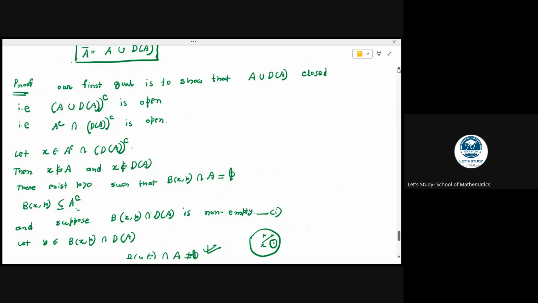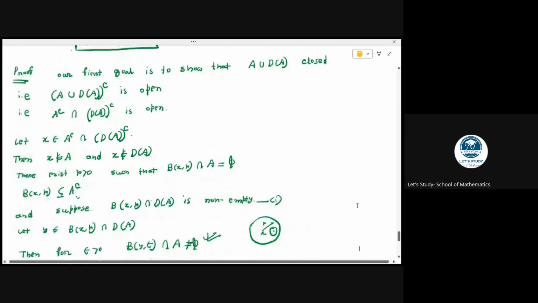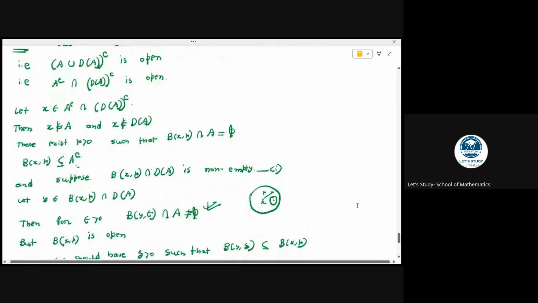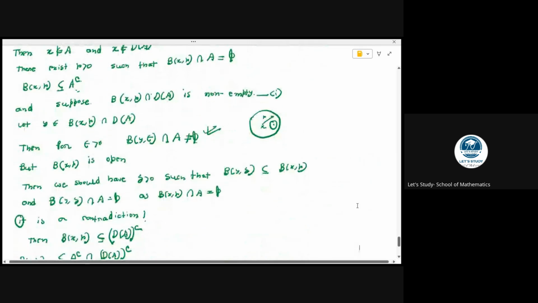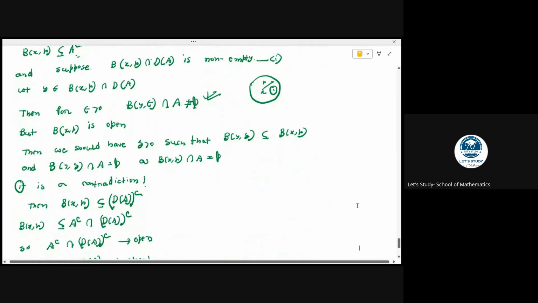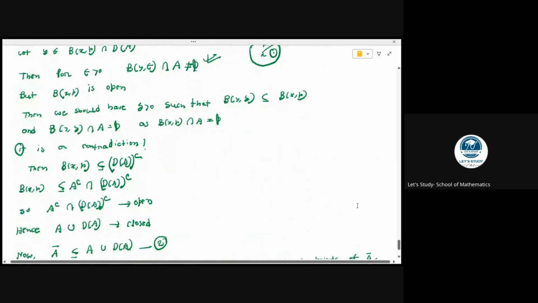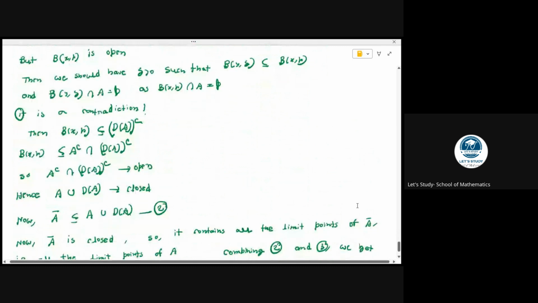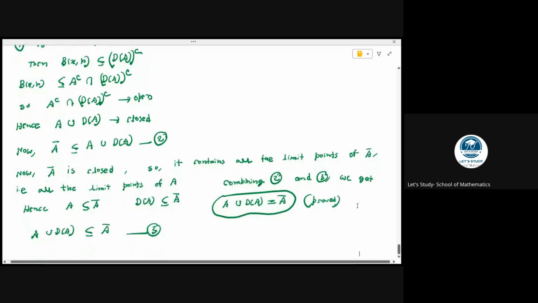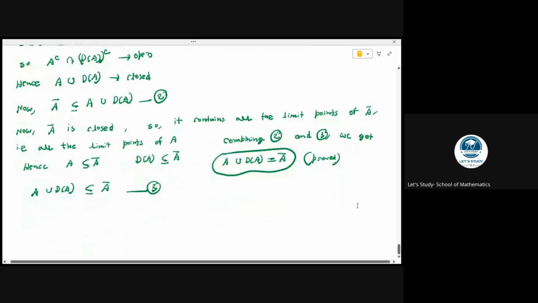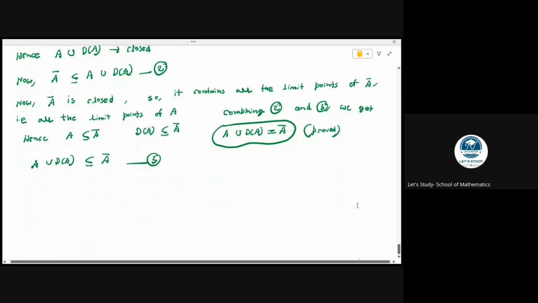First we showed it is inside A complement, and then we showed it's inside the complement of the derived set by using contradiction. We use a lot of epsilon-delta here, and B of x comma r is a subset of A complement intersection DA complement. So A complement intersection DA complement is open and A union DA is closed. The rest of the work is trivial. We are using the previous day's result, and now we are done.